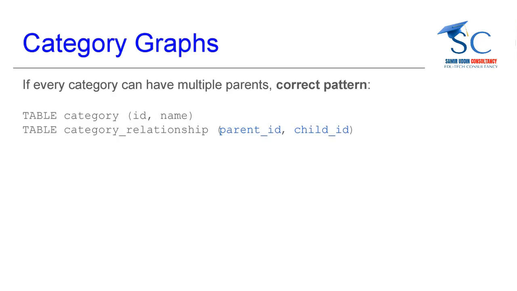And yeah, basically in this way you can store all the parent-child relationships between all the categories. Of course, it is still possible to introduce circular dependencies by mistake, so we'll have to be careful.